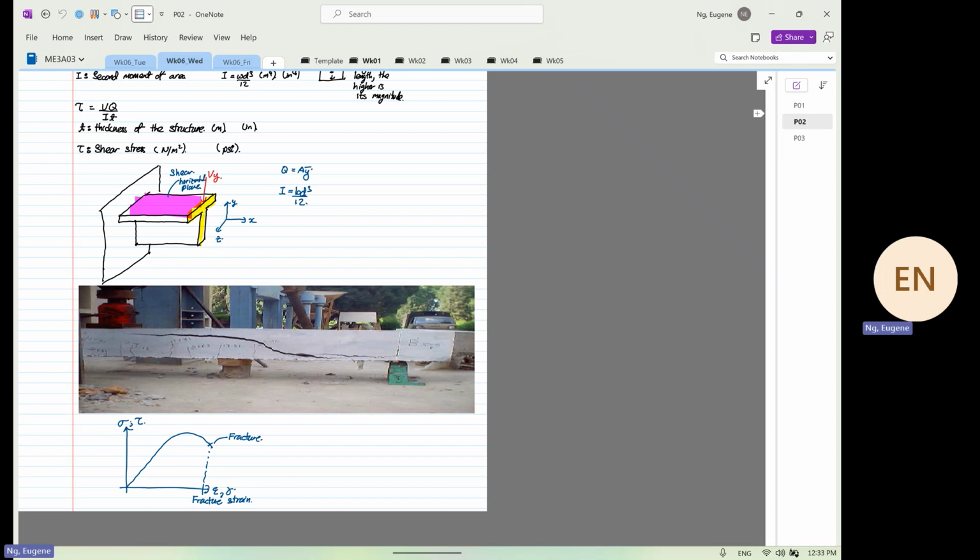Why I say that is because the first moment of area we calculate is based on which surface? The yellow surface. The second moment of area is also based on the yellow surface. But fracture occurs where? The pink surface. I repeat again: fracture occurs in the pink surface.